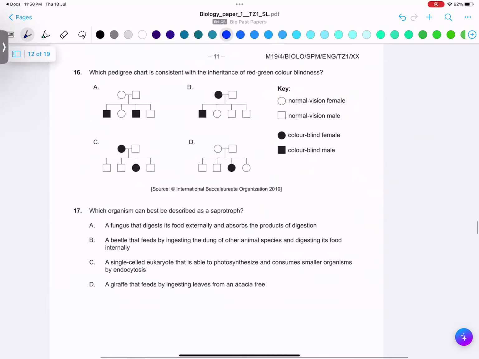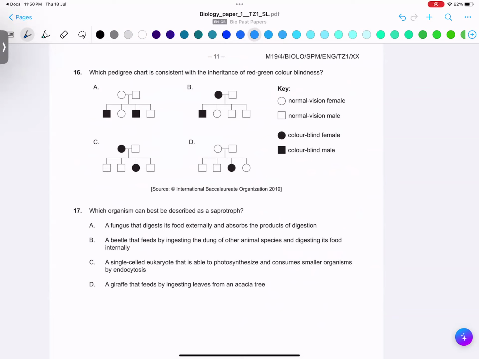Now for question 16, which pedigree chart is consistent with the inheritance of red-green color blindness? We need to look at this in great detail. Here we have the key, normal vision female and color blind male, for example.